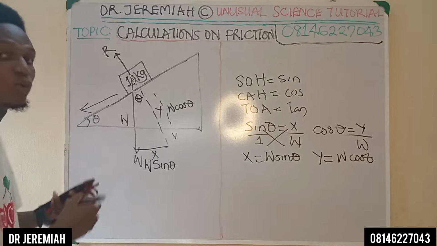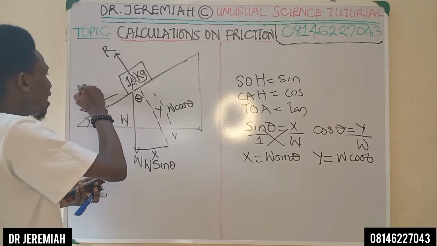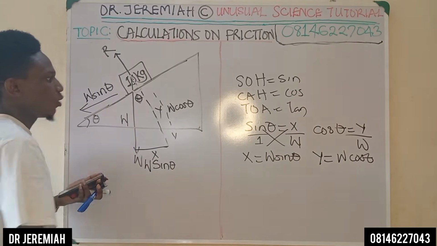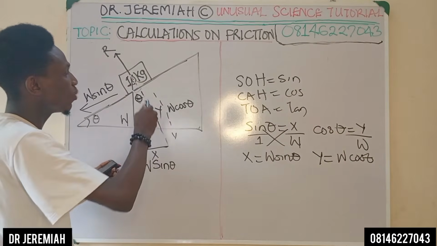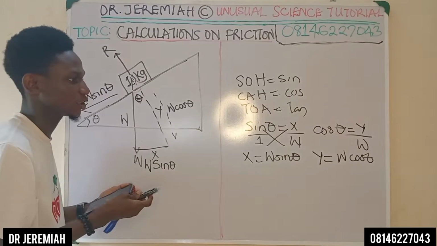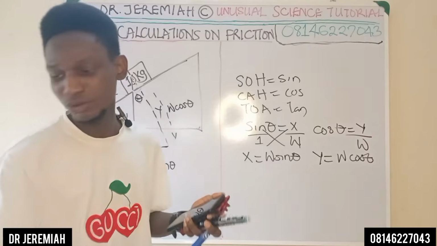What does this tell you? That along the plane or down the plane we have W sin theta. Hope you are following. While across this plane, the magnitude of the weight balancing the reaction force is W cos theta. That brings us to this important derivation.